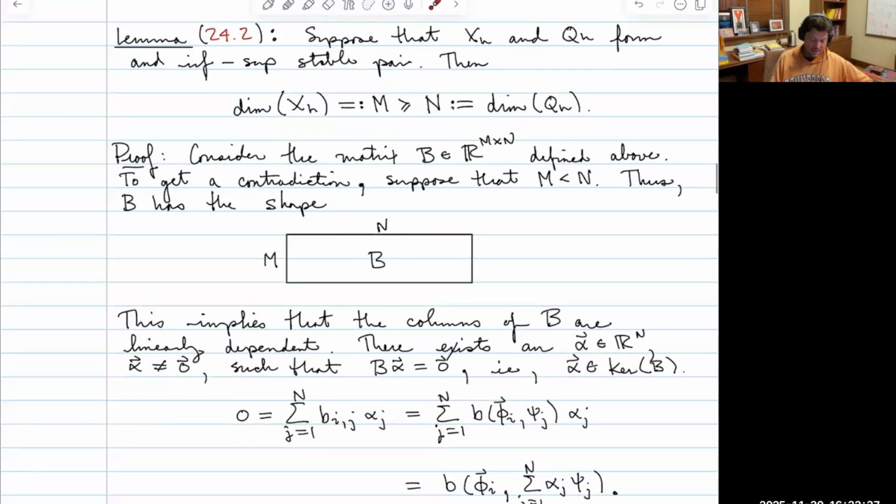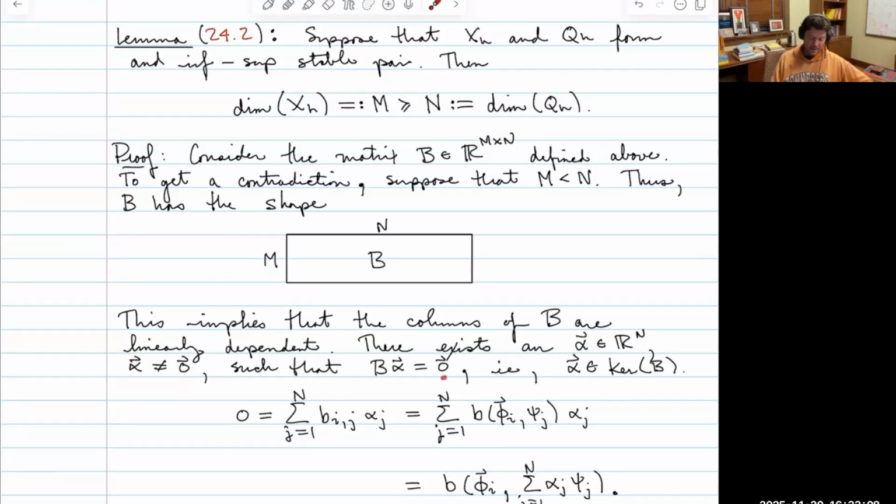What do we know about such a matrix that has many more columns than rows? From our 571 studies, the columns of B must be linearly dependent. That means there exists a vector alpha, alpha not equal to 0, such that B times alpha is equal to 0.